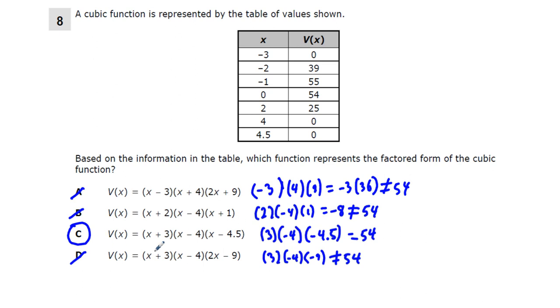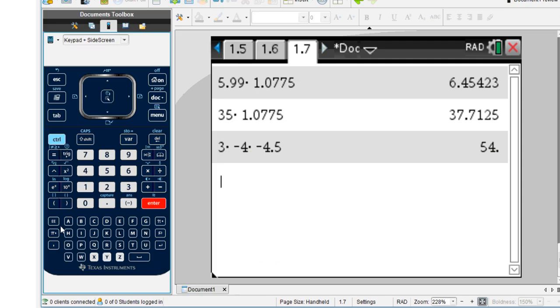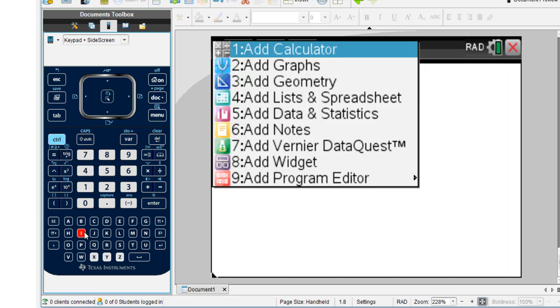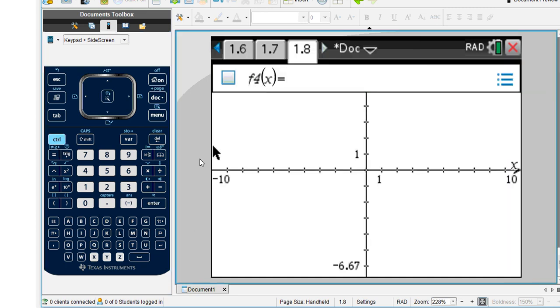Enter this in the calculator and graph. In fact, I'm going to do that right here, just to show you corroboration. Add graph.